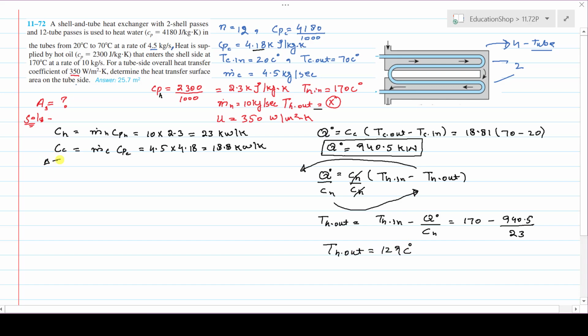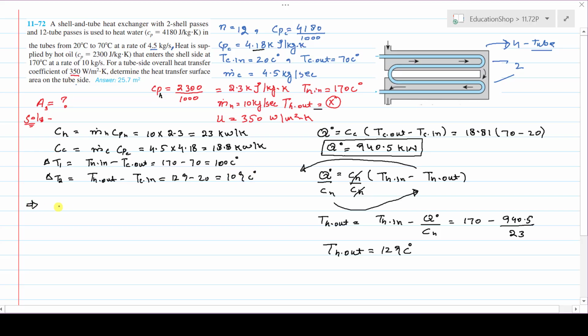Now delta T1 is equal to T hot in minus T cold out. T hot in is 170 minus cold out is 70, that is 100 centigrade. Then delta T2 is equal to T hot out minus T cold in, that is 129 minus 20, and it is equal to 109 centigrade.